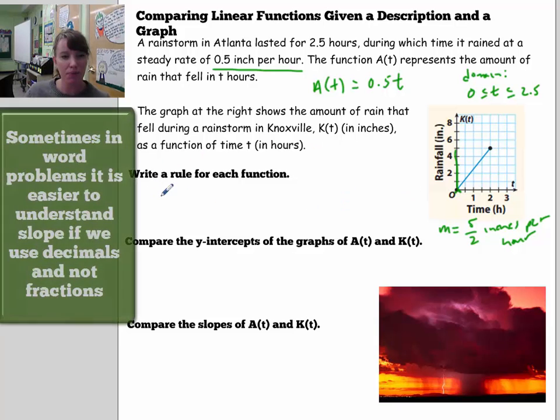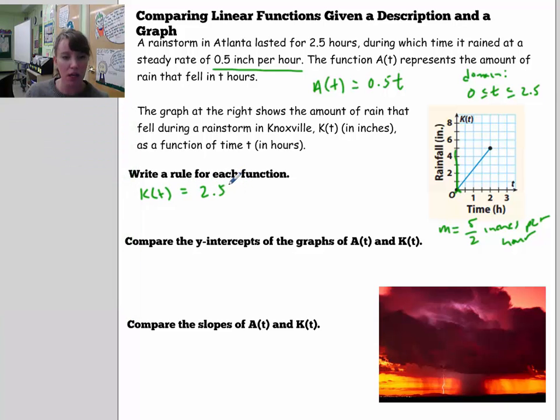So your K of t is just going to be about 2.5 inches per hour, and they both have a y-intercept of 0. So you have A of t and K of t right here, which is ½ an inch per hour. Okay, and the domain of the first one is all time between 0 and 2.5 hours, whereas the domain for the second one is going to be between 0 and 2 hours.